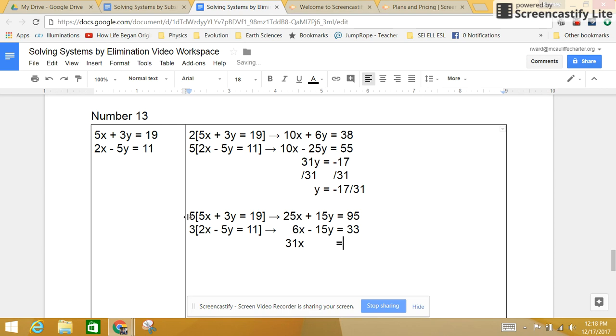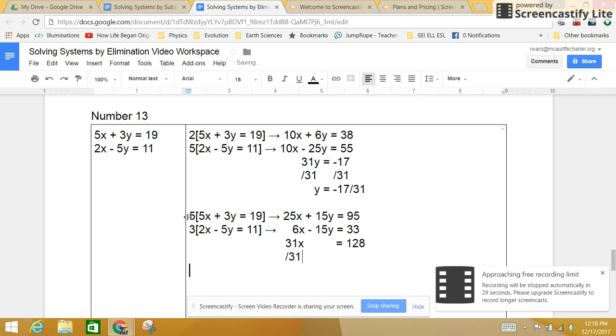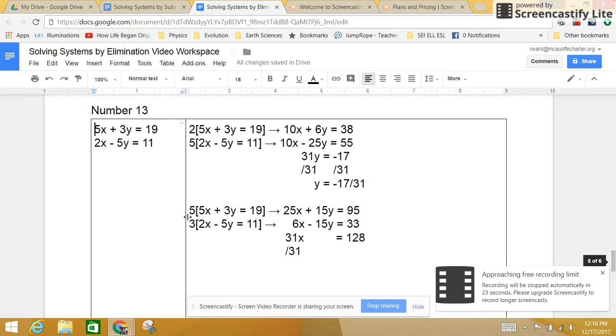And then 95 plus 33 is going to be, well, 5 plus 3 is 8. And 9 plus 3 is 12, so 128. Definitely not a multiple of 31. So I'm now going to divide both sides by 31. And x will equal 128 over 31, which you could simplify if you like.